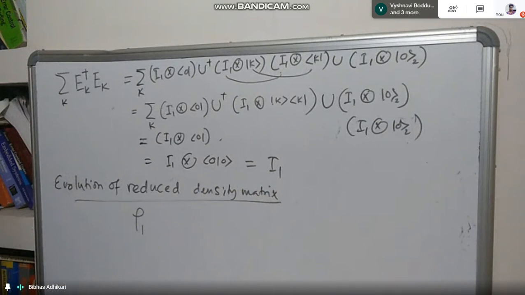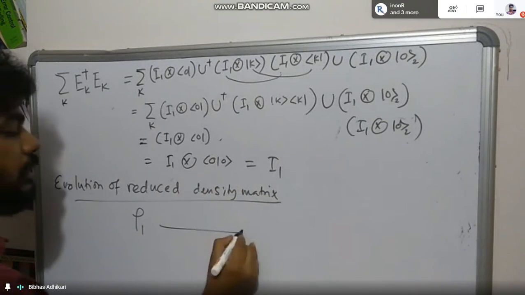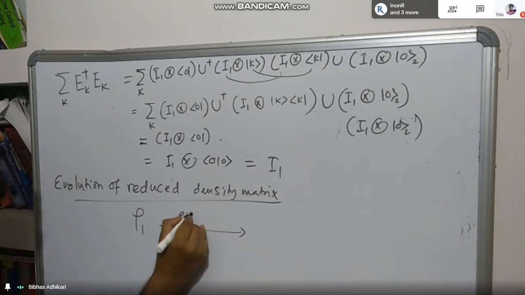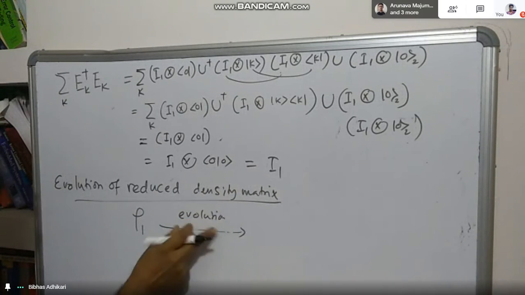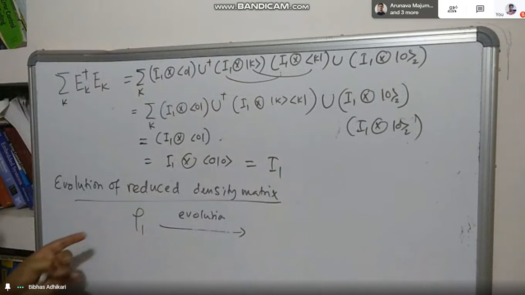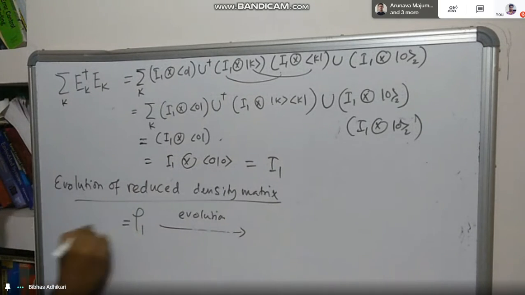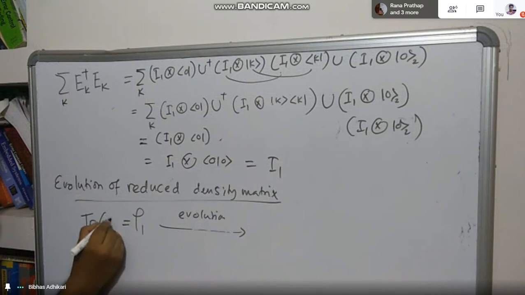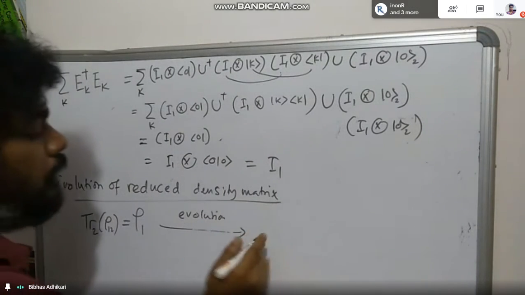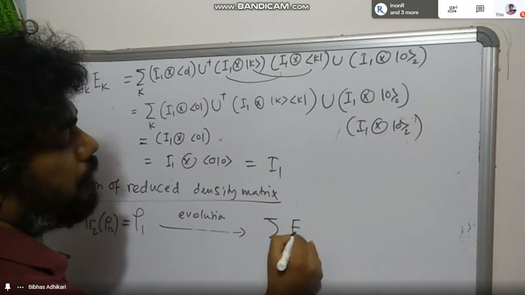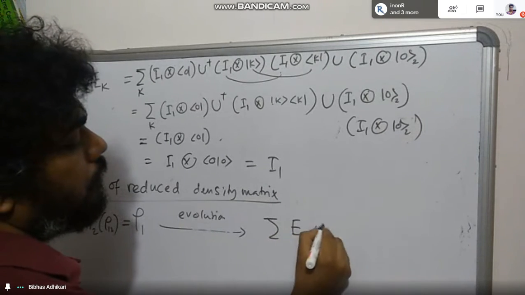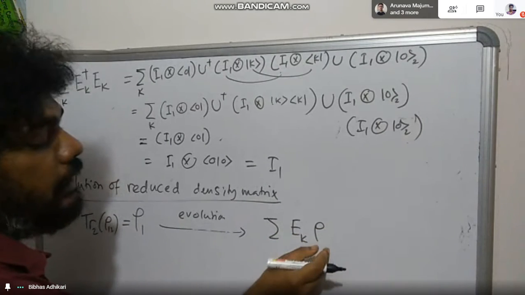If I write rho 1 as my reduced density matrix, and after the evolution of the entire system, this density matrix is the trace over 2 of rho 1,2. This is a density matrix. This will be the sum of this. Let me write it this way.